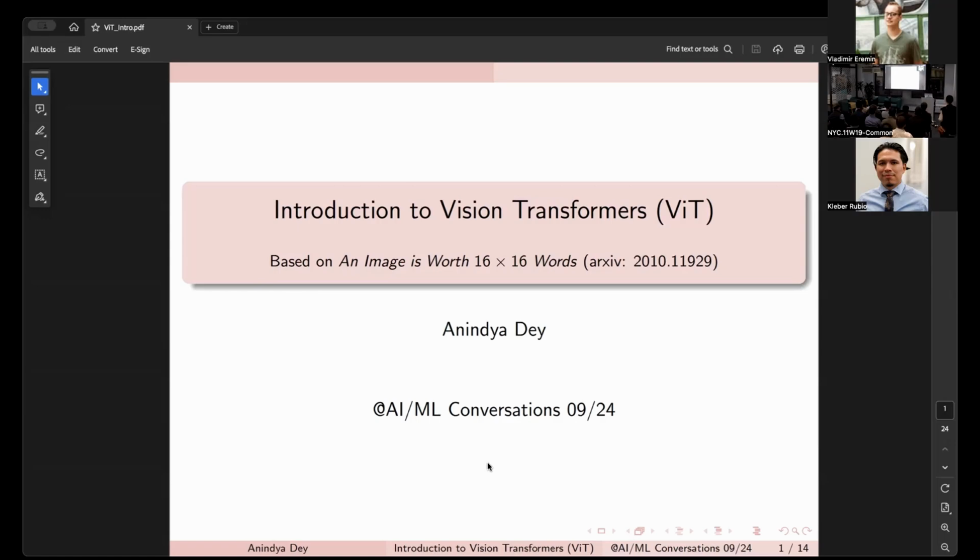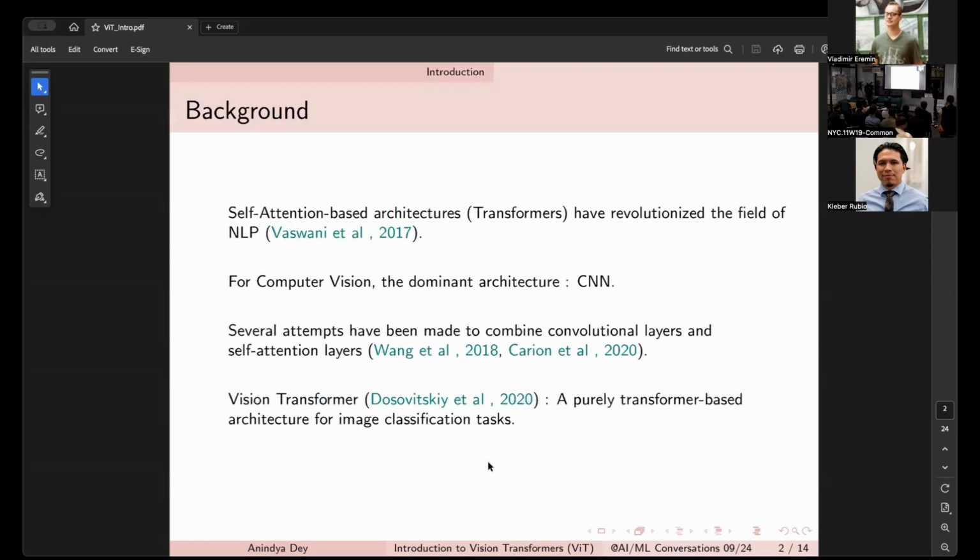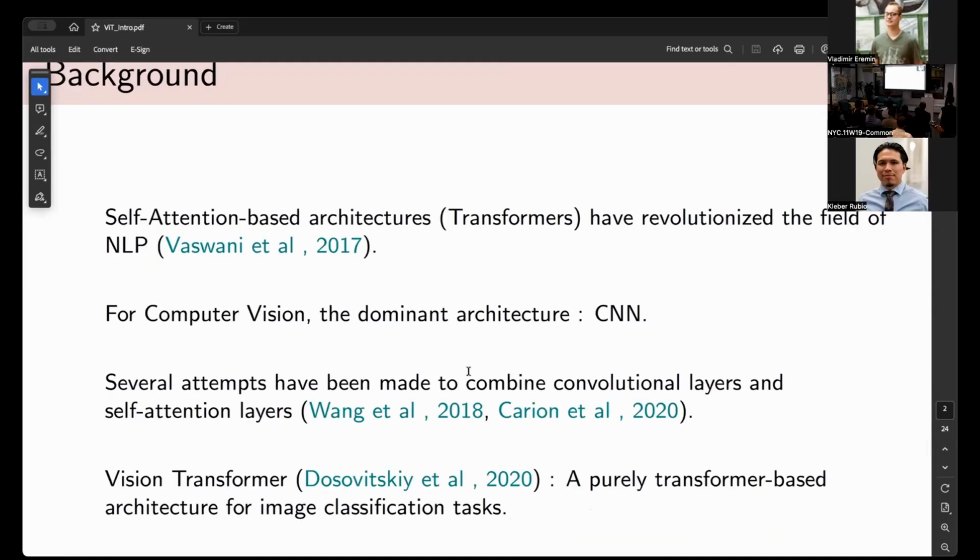In general, just to begin with some background, self-attention-based architectures, for which we use the generic term transformers, have revolutionized the field of NLP ever since the paper in 2017. However, for computer vision, the dominant architecture still remains convolutional neural networks.